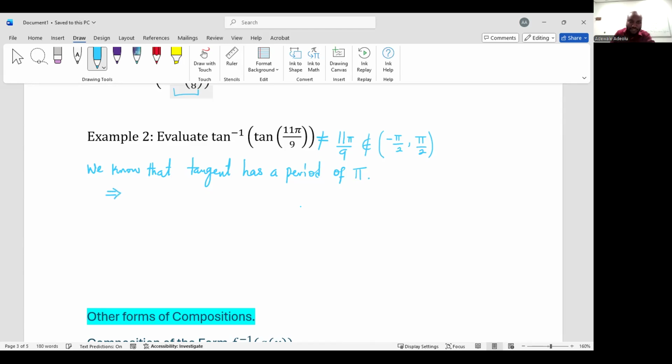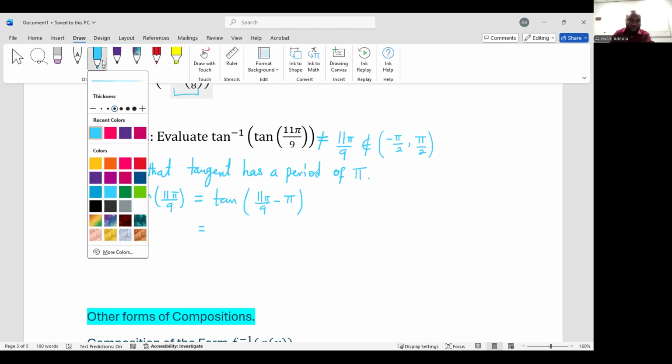That implies that tangent of 11 pi over 9 is the same thing as tangent of, let's say, 11 pi over 9 minus pi. Because I want to bring it into negative pi over 2 and pi over 2. So I just subtract pi from each.